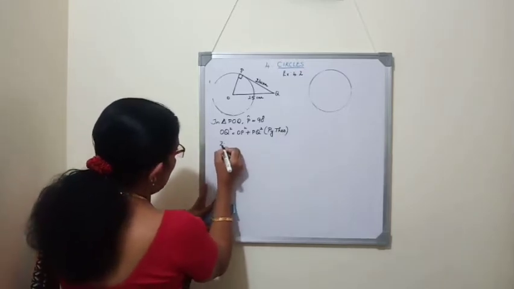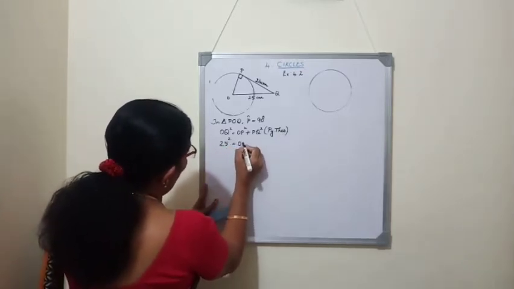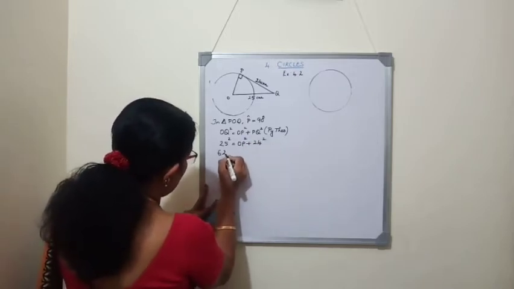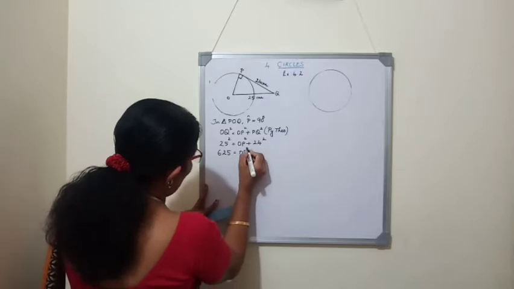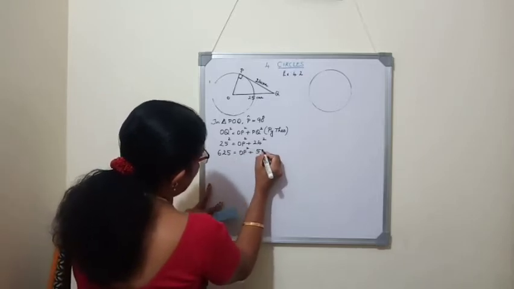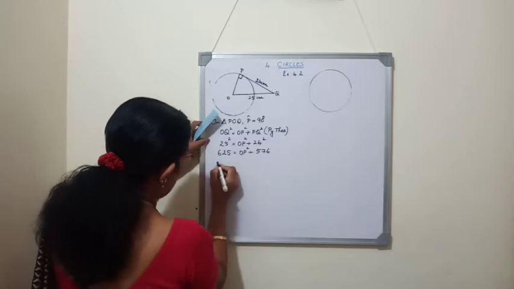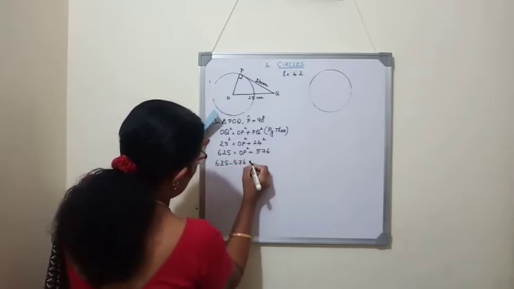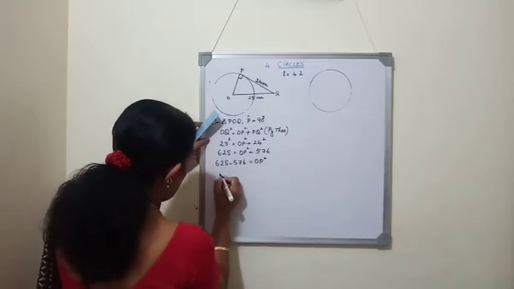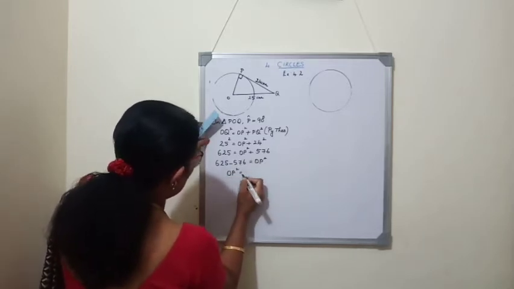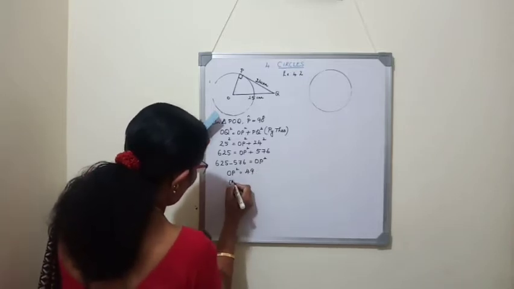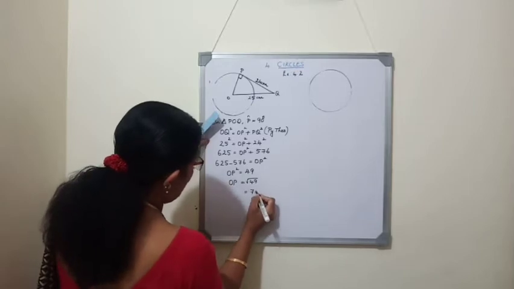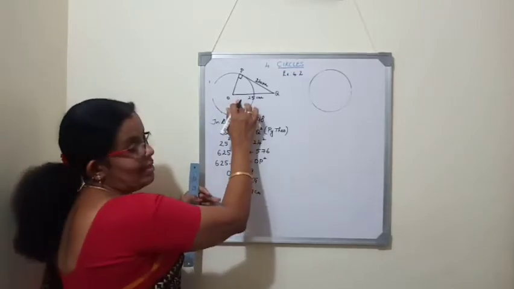OQ square is 25 square equals OP square plus 24 square. 25 square is 625 equals OP square plus this is 576. Subtract, 625 minus 576 is equal to OP square. Therefore, OP square is equal to 49. OP equals square root of 49 equals 7. So, radius of the circle OP is 7 centimeter.